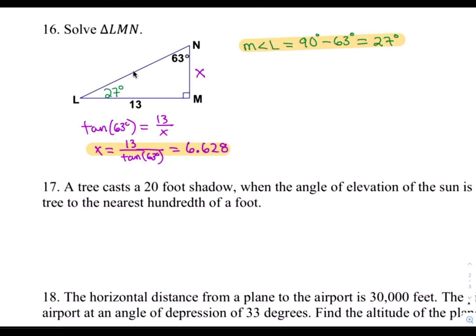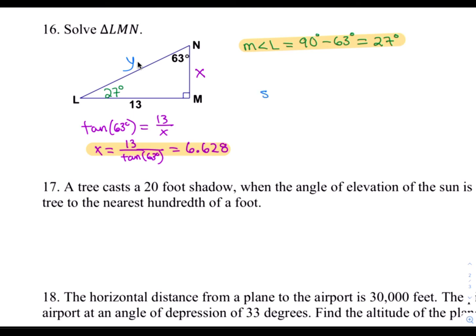The other missing side is the hypotenuse from N to L. Let's call that Y, and then let's solve for Y. Well, if we use 63 again, then 13 is the opposite side, and Y would be the hypotenuse. So that would call for us to use sine.